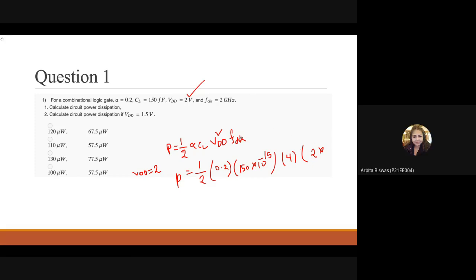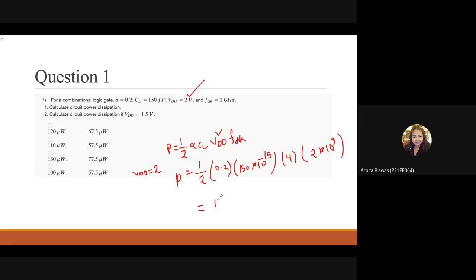You just put the value of this FCLK, 2 gigahertz, 2 into 10 to the power 9 hertz. Yes, gigahertz to hertz, 10 to the power 9. Now tell me what is the value of this P in microwatt. 120 microwatt, ma'am.